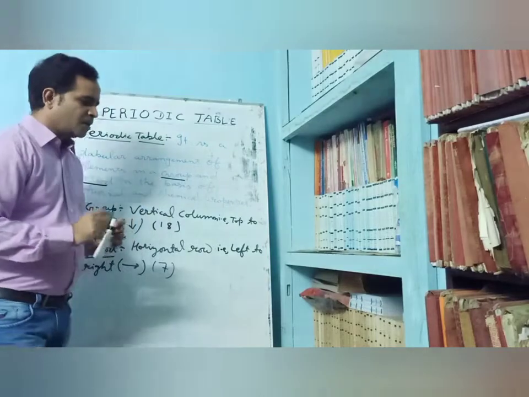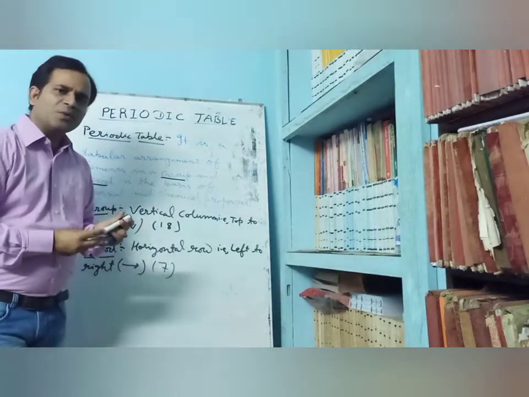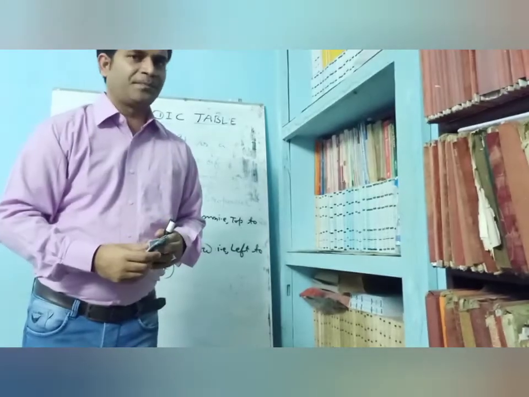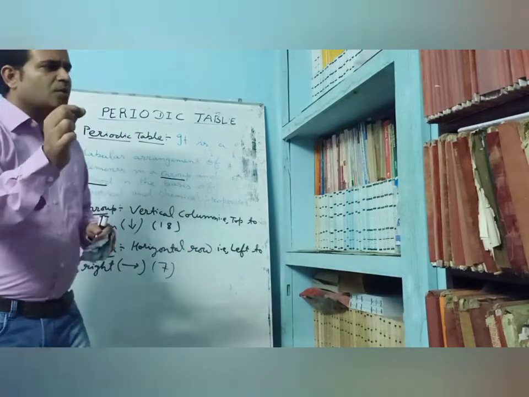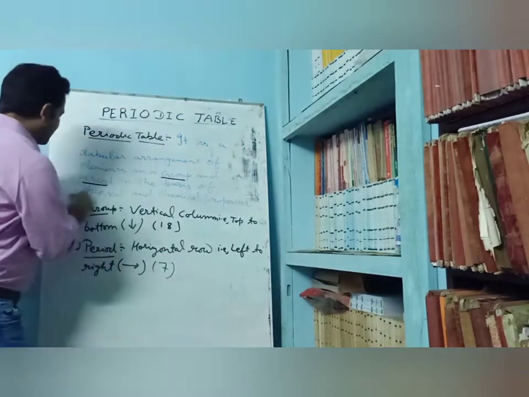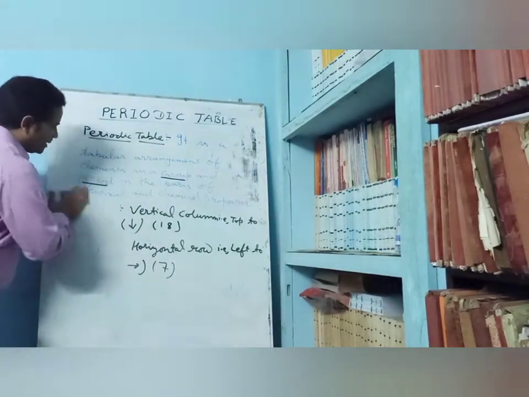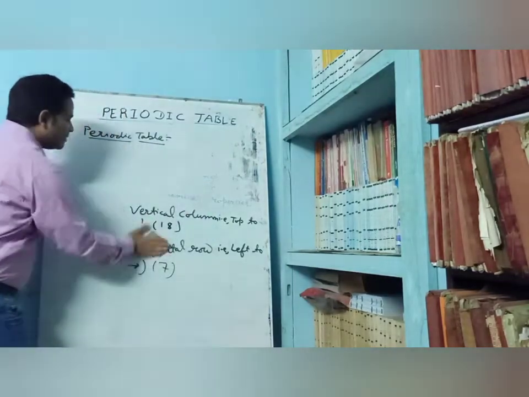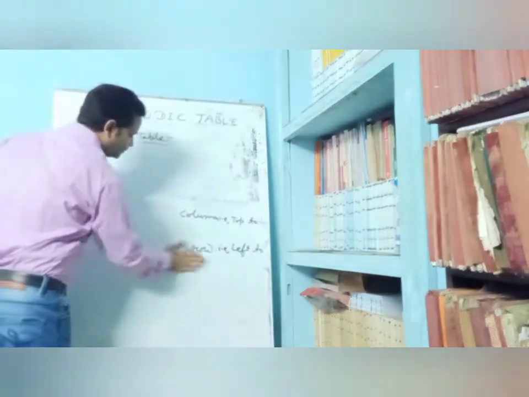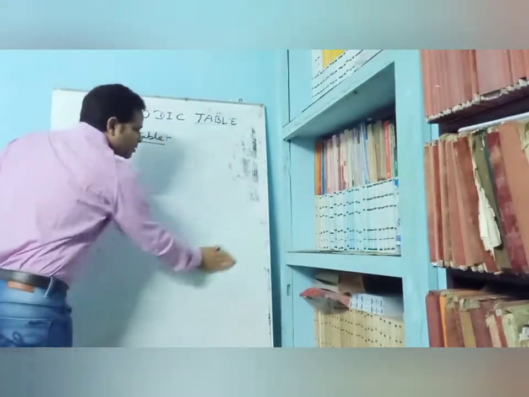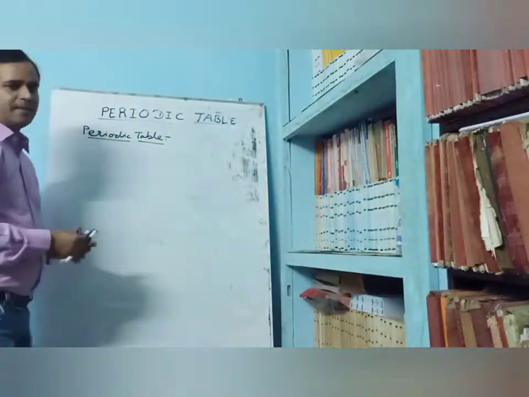Let's see. Might you have heard the name of the scientist? The name of the scientist is Dobereiner. Clear? So Dobereiner's triads. Firstly, let's see how the elements were arranged in Dobereiner's triads. As you already know, students, triad means grouping of three elements.